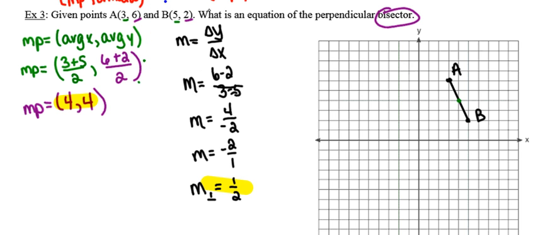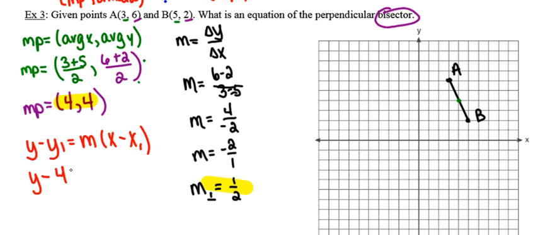I'm set up beautifully to use the point slope form of a line. So y subtract y1 equals m times x subtract x1. So the y value we want is 4. The slope we want is 1/2. The x value we want is 4.